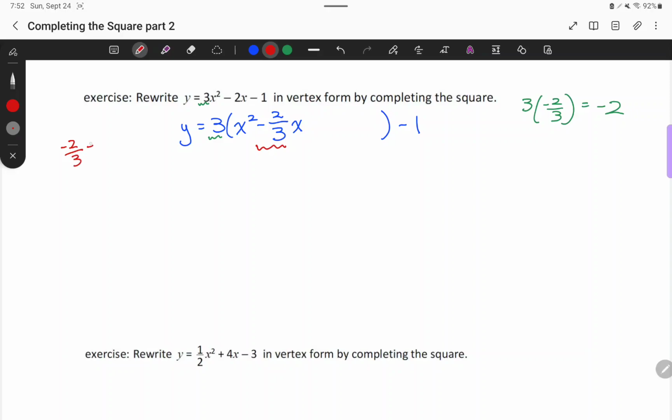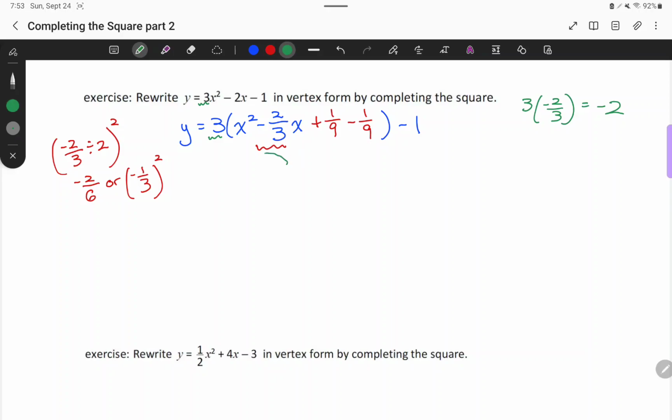We're going to divide it by 2, and then we're going to square it. So that'll be -2/6, or -1/3 squared. So I'm going to go +1/9, -1/9.